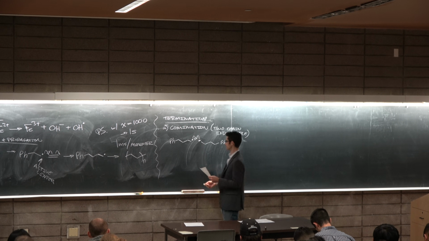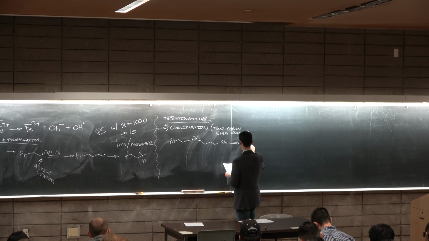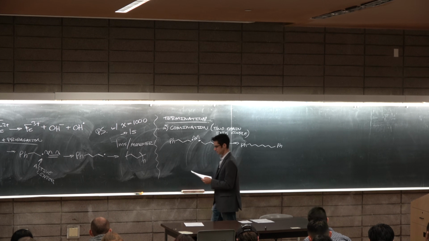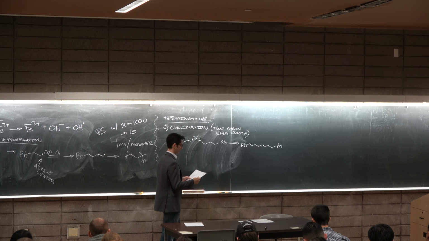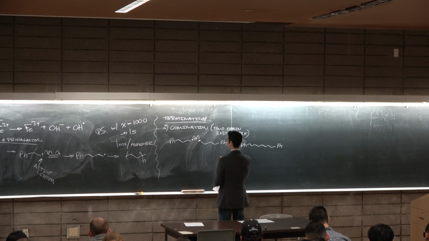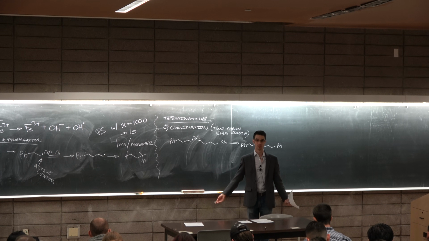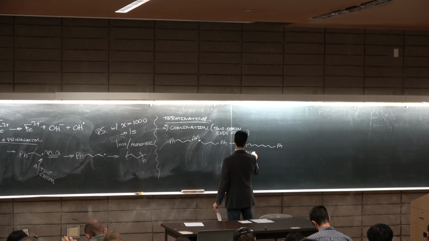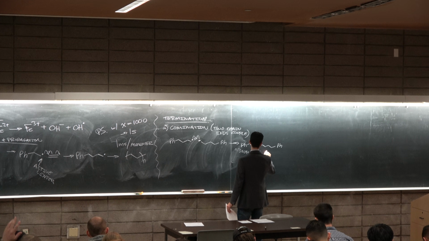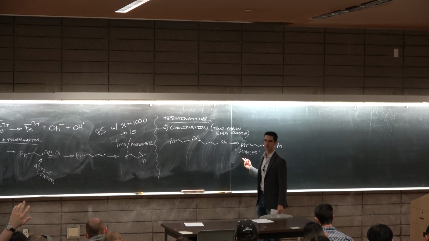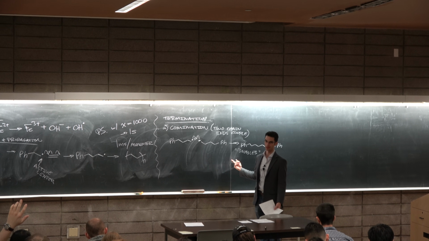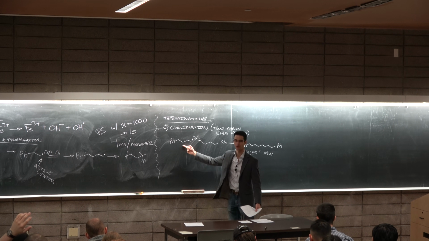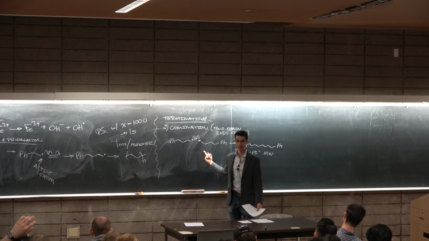No more radicals in the system. And this in one step effectively doubles the average molecular weight. Not really doubles the average molecular weight, but doesn't necessarily double the molecular weight of a given polymer chain, because a 500-mer could couple with a 1,000-mer, for example.